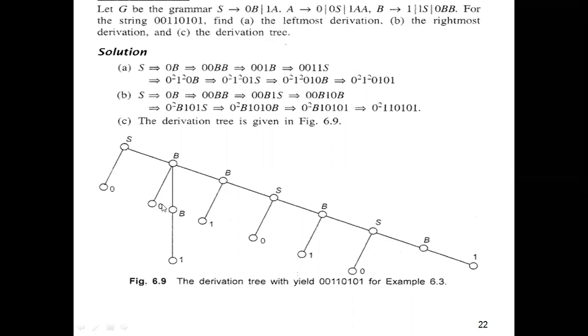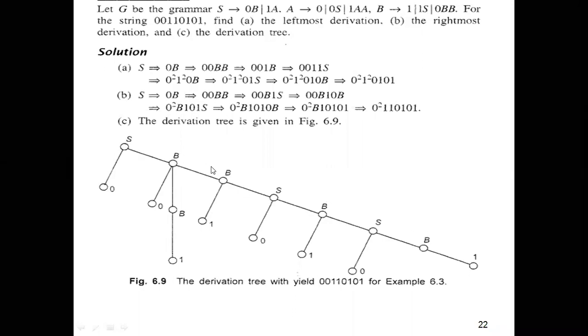I think you all understand the tree structure. These are the variables S, B, B, S, B, S, B, and these are the left variables, and in the left variables we substitute the rules, and finally we get the input string like this.